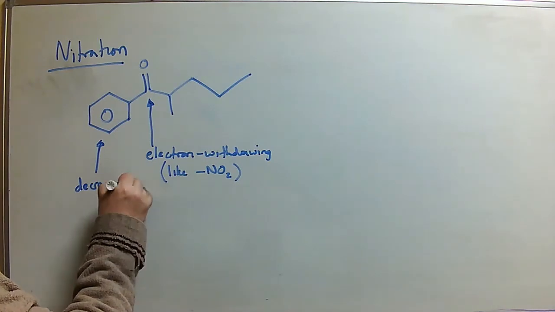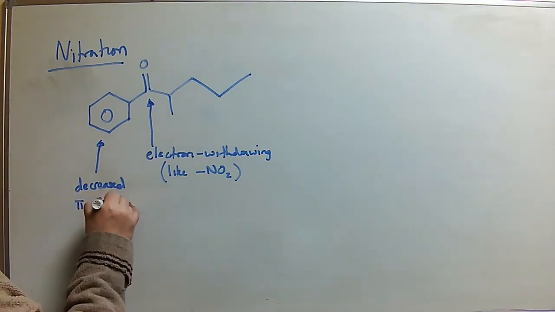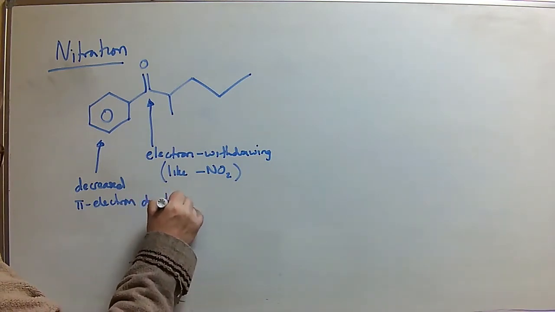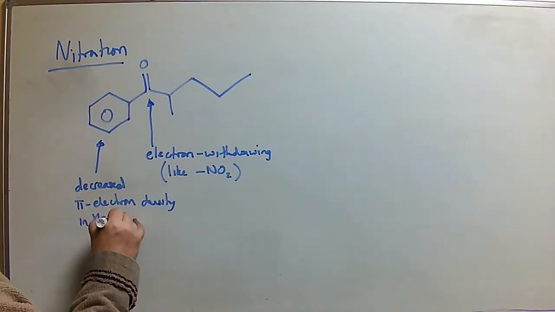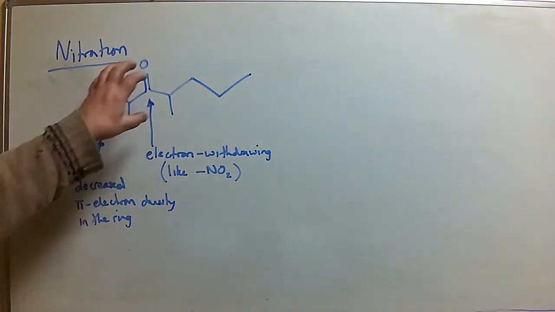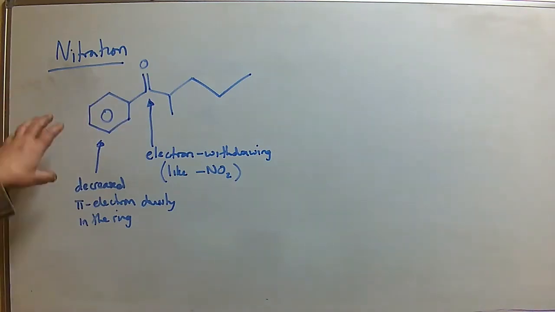Okay, so that was the first thing, that you get decreased pi electron density in the ring. If we had an electron donating group like OH or NH2, it would have done the opposite. It would have pushed electron density into the ring, so we'd have increased pi electron density. So the first answer was that the electron density is lower than it is in benzene.